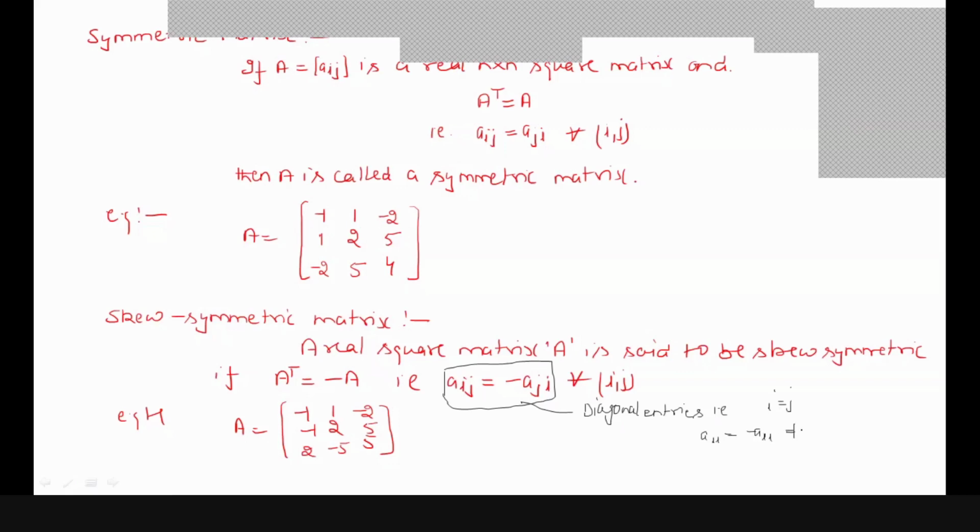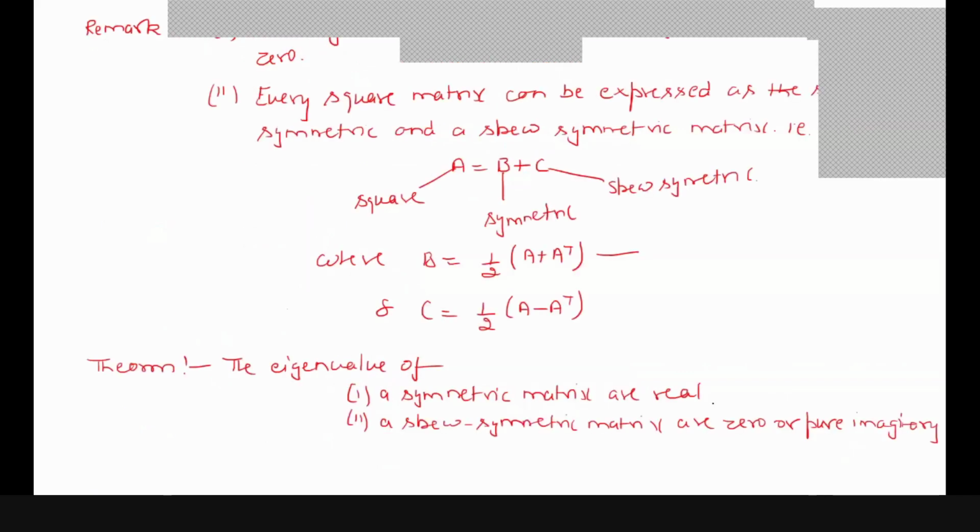So this implies 2Aii is equal to 0, which implies Aii is equal to 0. So what does this mean? The diagonal entries of a skew symmetric matrix should be equal to 0. So this matrix is not a skew symmetric matrix because here the diagonal entries are non-zero. That is the remark here.